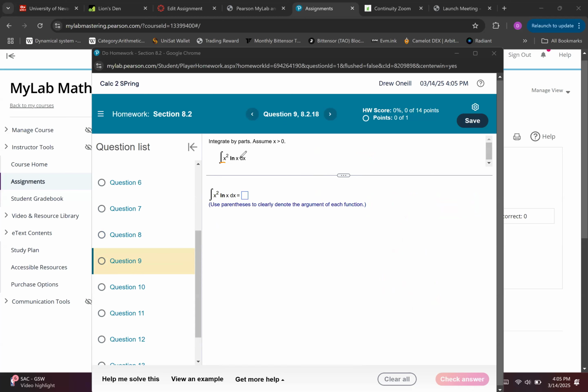My u is ln x and du is 1 over x. So if I plug that into the formula, I would get minus, now v times du is this.